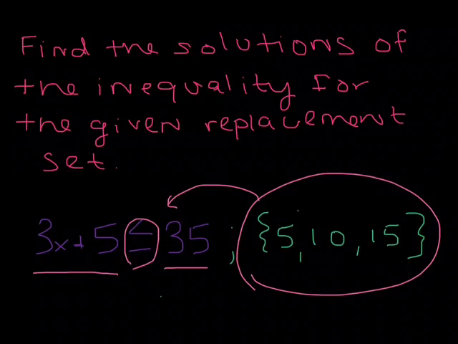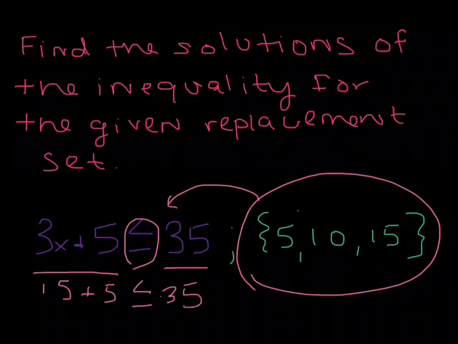So let's just try it. What if we were to replace x with 5? Well, 3 times 5 is 15, and 15 plus 5 is 20, and that's less than or equal to 35. So we know that 5 is a possible solution. If 10 were replaced in for x, we'd end up with 3 times 10, which is 30, plus 5, which is equal to 35.